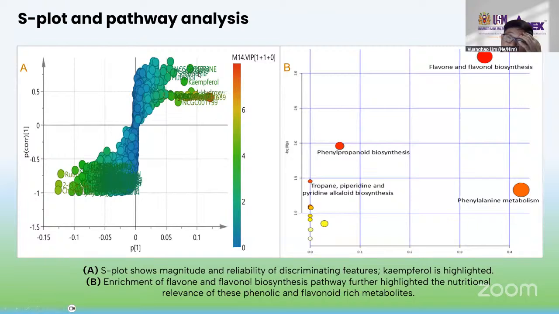And of course, kaempferol emerged as one of the important metabolites. Then we performed the pathway enrichment analysis, which highlighted the flavone and also the flavonoid biosynthesis as one of the major metabolic pathways. And of course, this finding is biologically meaningful because flavonoids are well known for their antioxidant and anti-cancer activities.